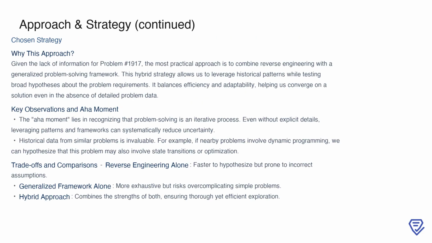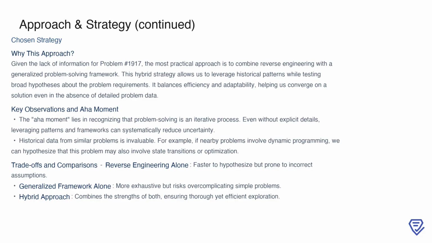In situations like this, where problem details are completely absent, the most effective strategy combines reverse engineering with a generalized problem-solving framework. This hybrid approach leverages historical patterns from related problems while also systematically testing broad hypotheses about the problem requirements. By blending these methods, we can achieve a balance between efficiency and adaptability.